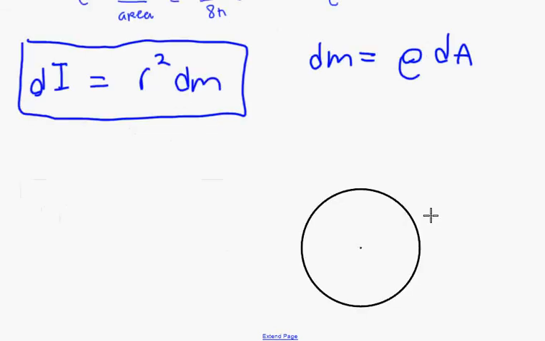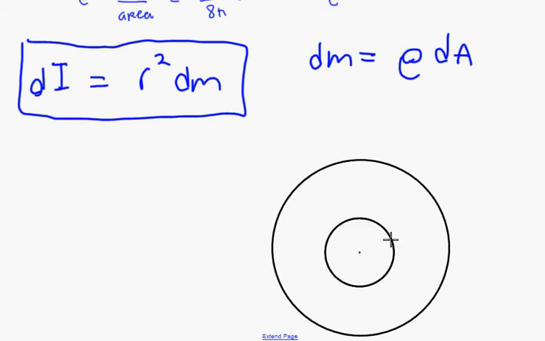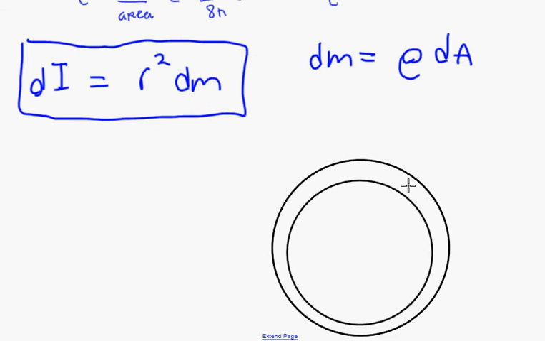When I draw this much bigger, I'm just cutting out a small section. The small section is dm, but we have to figure out what its area is. So this is going to be dr, just a small distance.